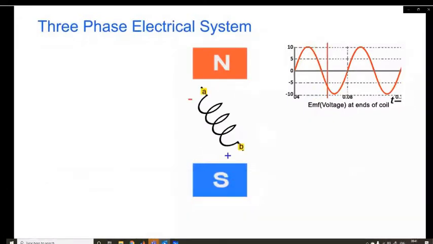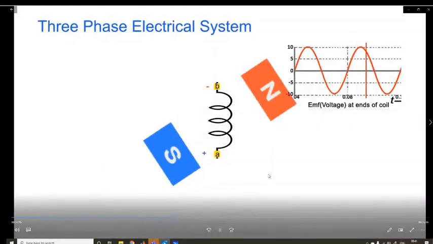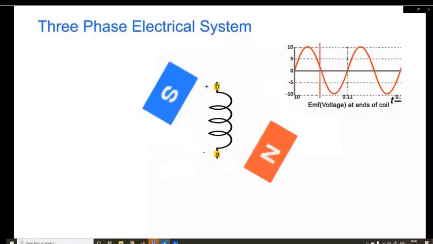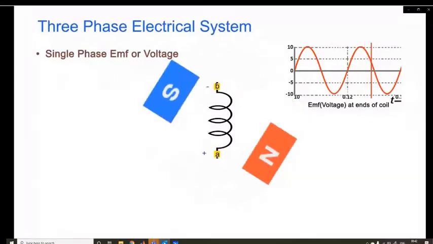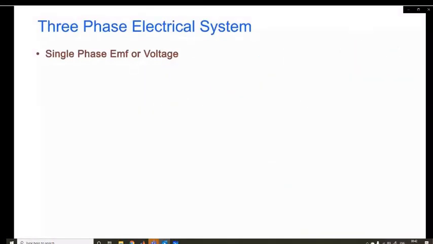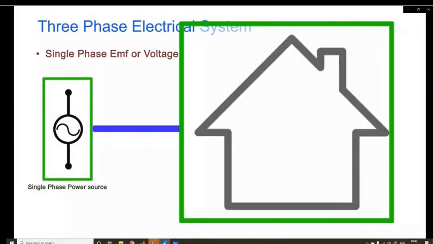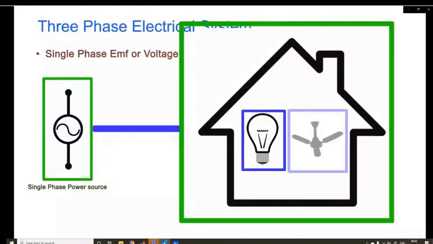Even we can produce the same alternating EMF in the coil by making the coil stationary and rotating the magnetic field. This is called the generation of single phase EMF or voltage. We can use this alternating voltage to run our single phase domestic loads like an electric bulb or a ceiling fan. But the limitation of the single phase system is that it can run only small domestic loads.